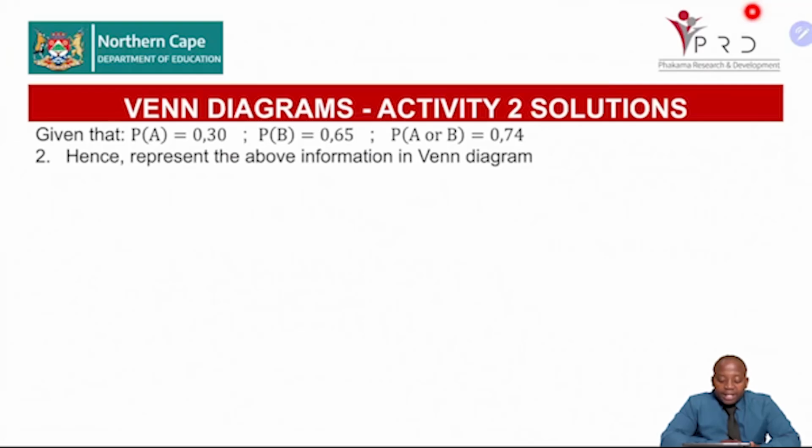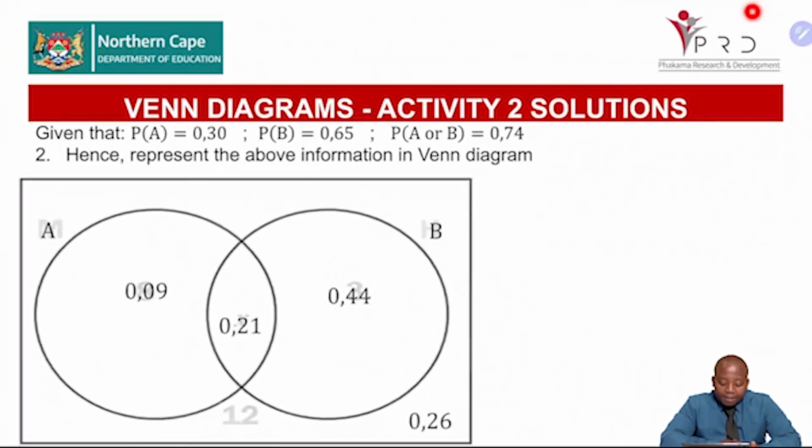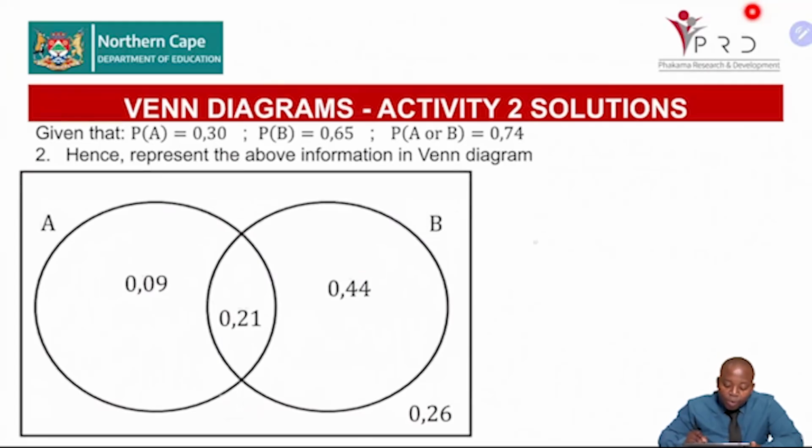Let's proceed. They say now represent the above information in a Venn diagram. To represent it in a Venn diagram, we know that the probability of A and B, which we found to be 0.21, goes in the intersection.